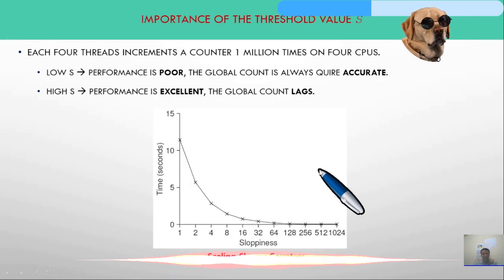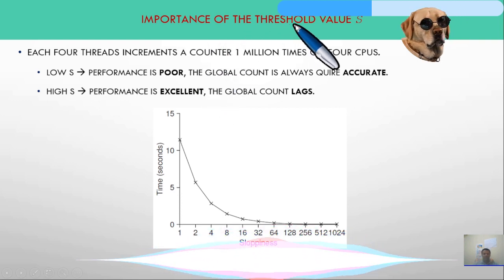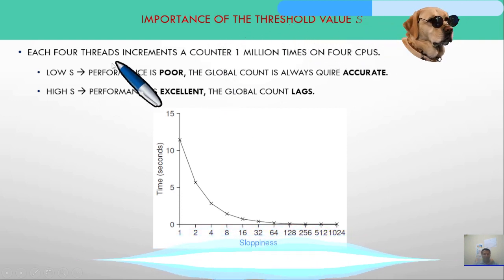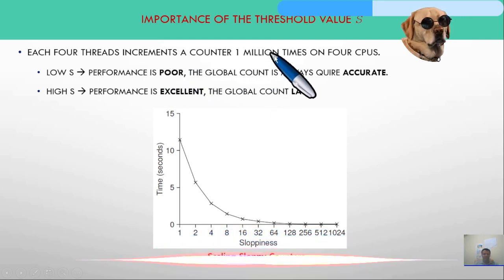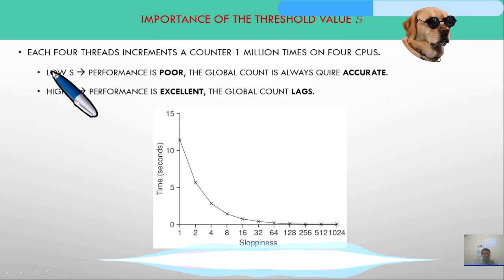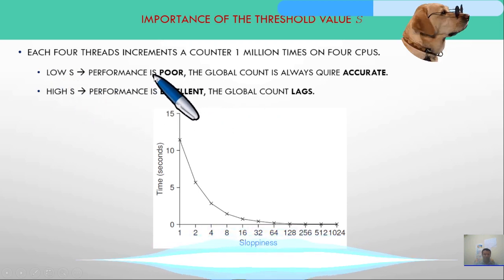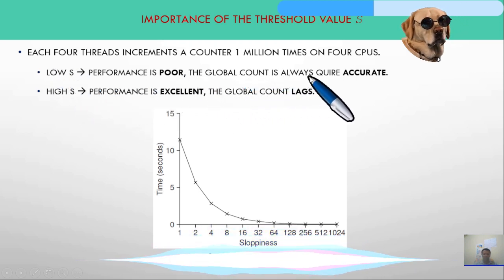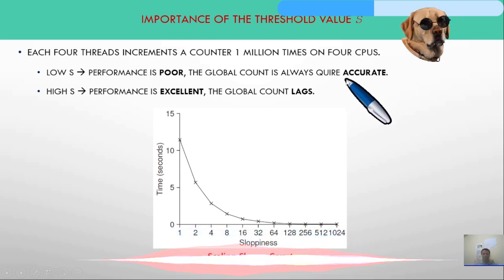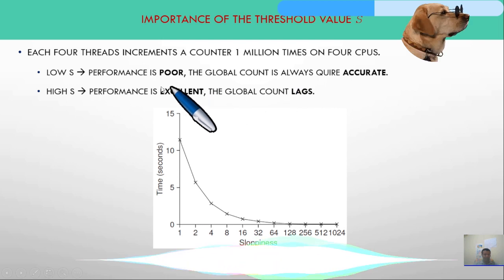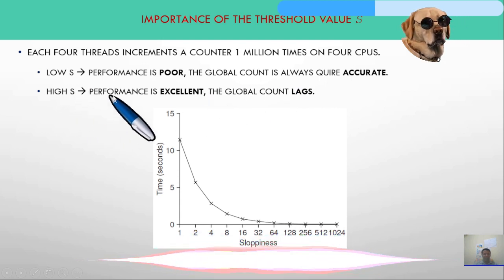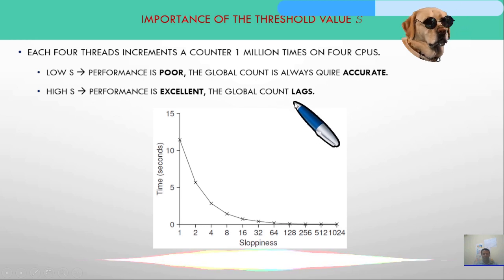The importance of the threshold value: each of 4 threads increments a counter 1 million times on 4 CPUs. When the threshold is low, performance is poor, but the global counter is always quite accurate. When it is high, performance is excellent, but the global counter is less accurate.